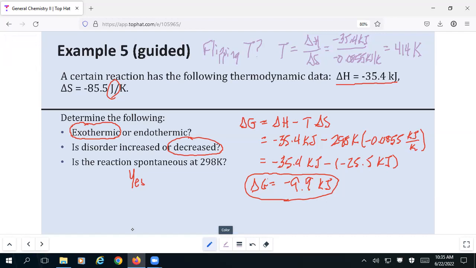So this reaction would be spontaneous all the way up to 414 Kelvin. At 414 Kelvin, it would be at equilibrium. And above 414 Kelvin, it would be non-spontaneous. So that's what that flipping temperature calculation gives us.